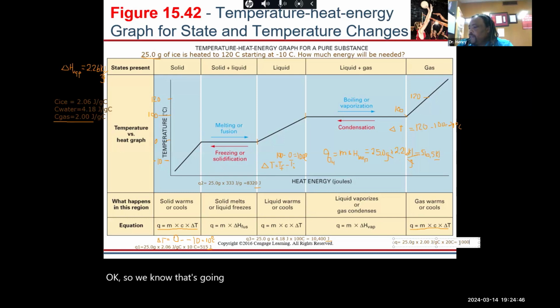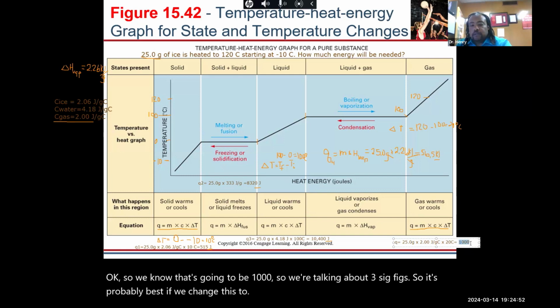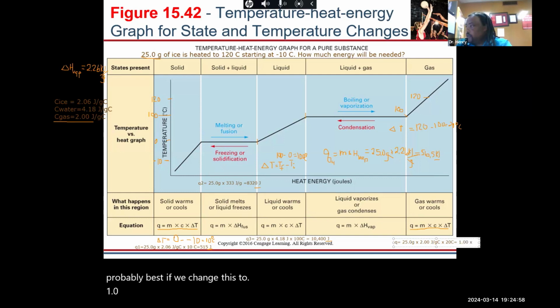We're talking about 3 sig figs, so it's probably best if we change this to 1.00 times 10 to the third power.